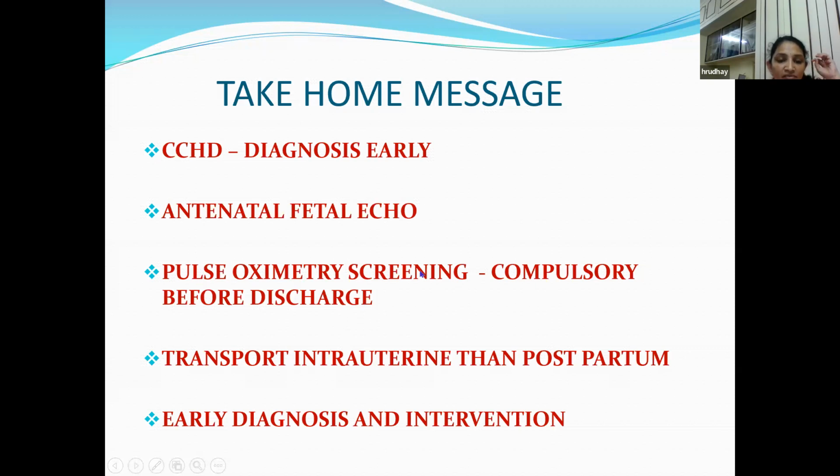Pulse oximetry is an easy, bedside technique which will diagnose most critical congenital heart disease, so pulse oximetry screening has to be compulsory for all babies before discharge. And if we suspect critical congenital heart disease, transport in utero rather than postpartum, because postpartum transport delays diagnosis and treatment.